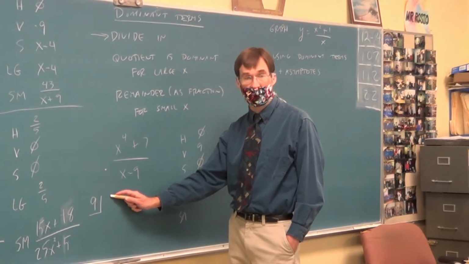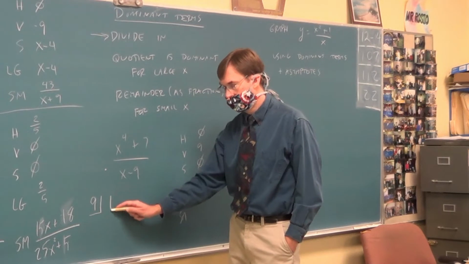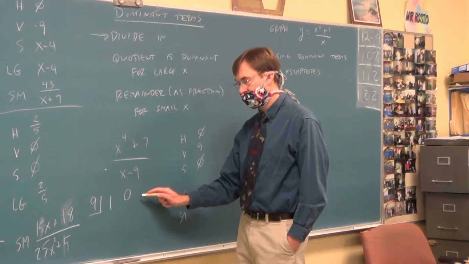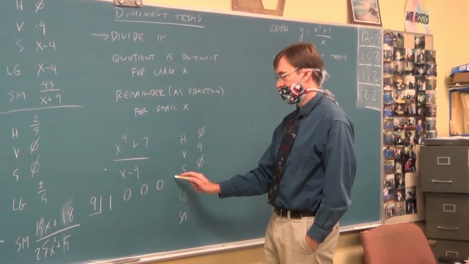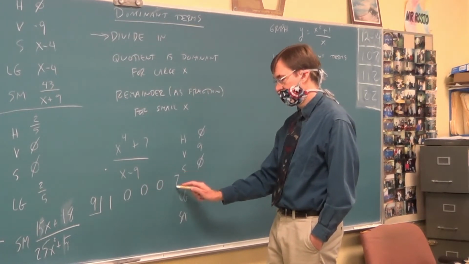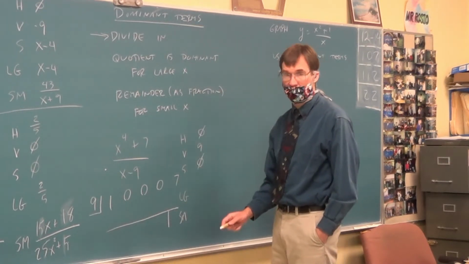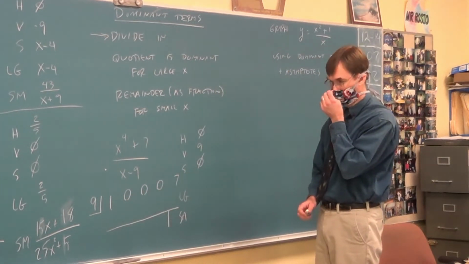We're actually going to fill in a number though. 1 for x to the 4th, 0 for x cubed, 0 for x squared, 0 for x, and then 7. I may not have made myself enough horizontal space. If you have more horizontal space, I might make those gaps a little bit wider than what I did.